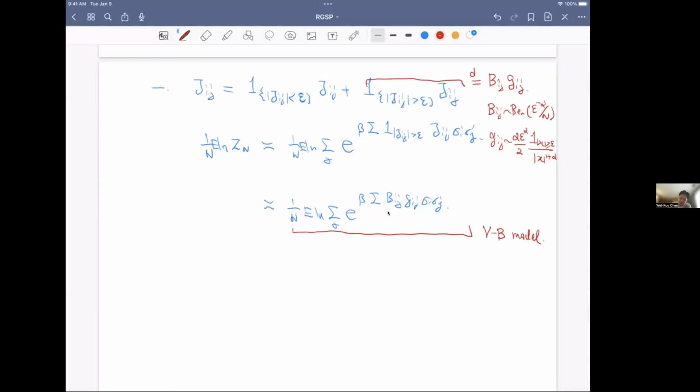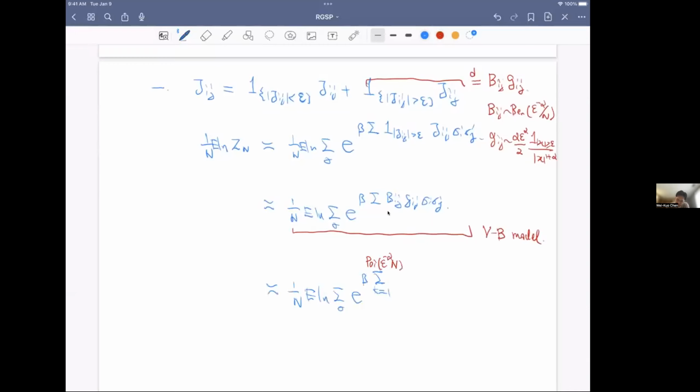So essentially, you can further rewrite this as 1 over n expectation log of the sum over sigma of e to the beta times the sum from k equals 1 to a Poisson number. So I put here, the upper bound is Poisson with rate epsilon alpha times n.